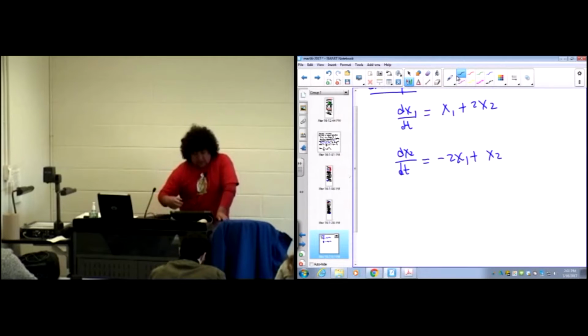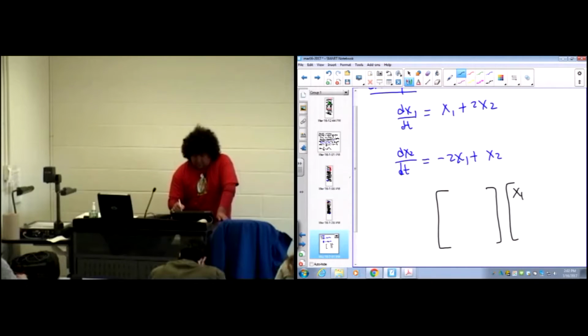What we like to do here is to write the general solution. So we can write this in matrix vector notation. The matrix has first column 1, minus 2, second column 2, 1.